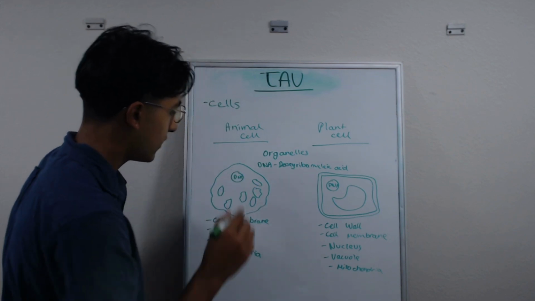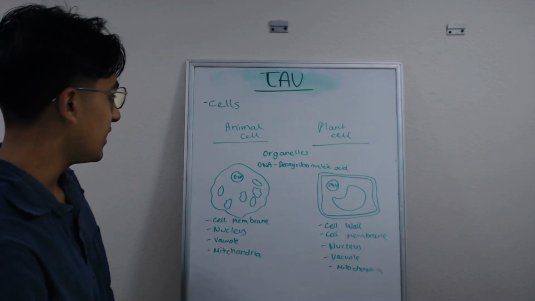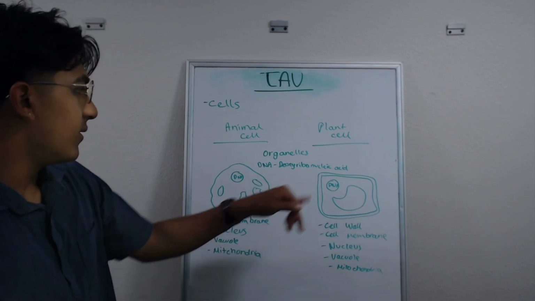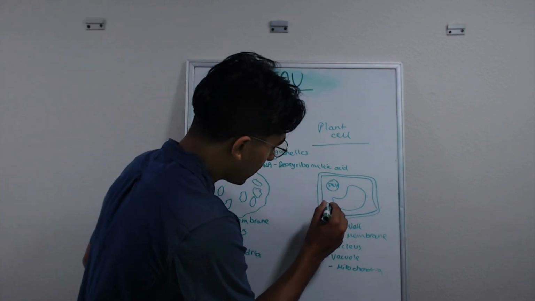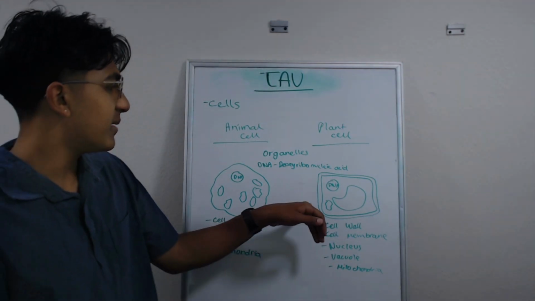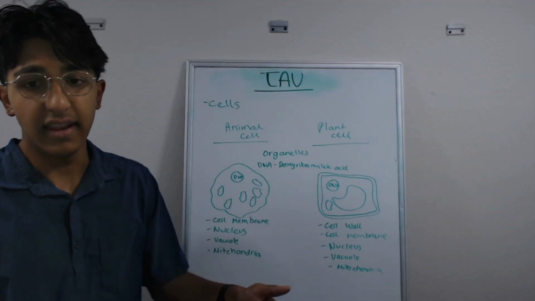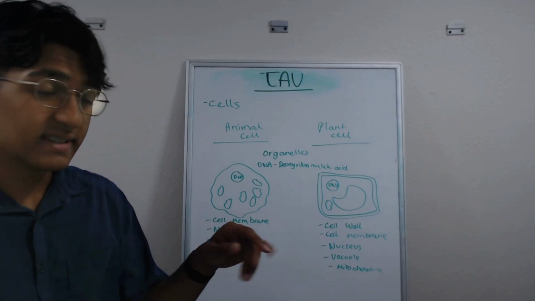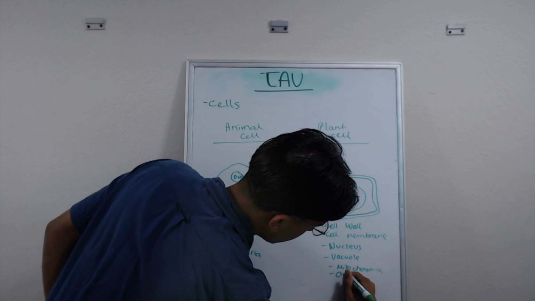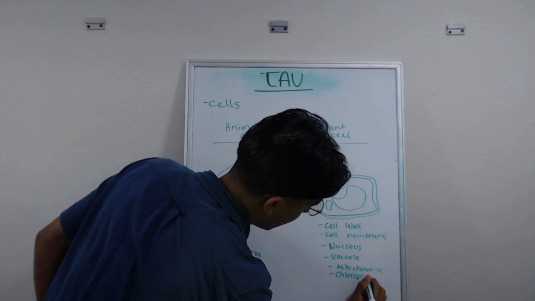Let me just draw 3 like that. And plant cells have, let's say, just 1 mitochondria, because plant cells get their energy from the sun. So there's another organelle specific to plant cells called the chloroplast.